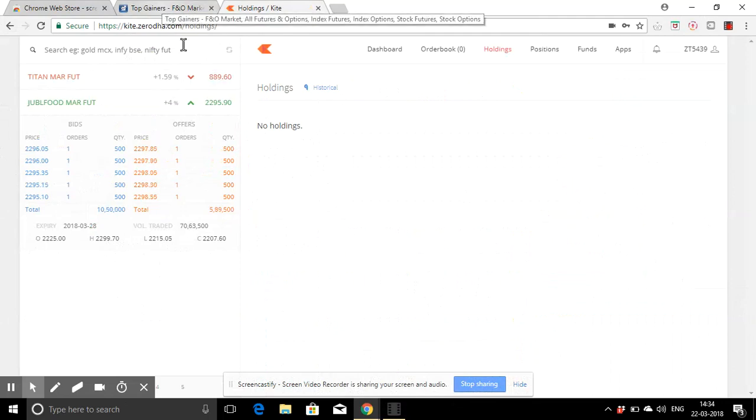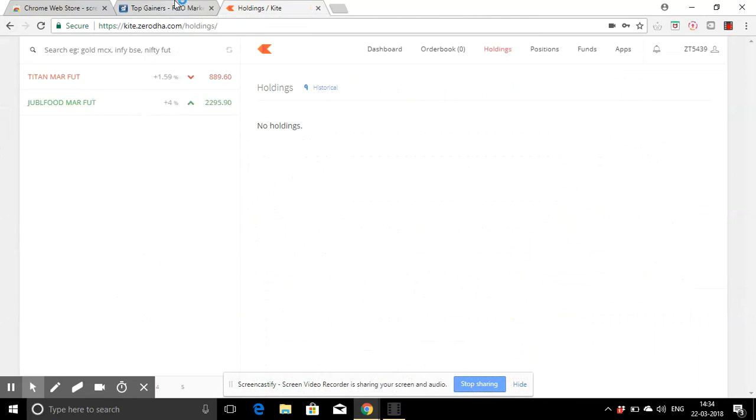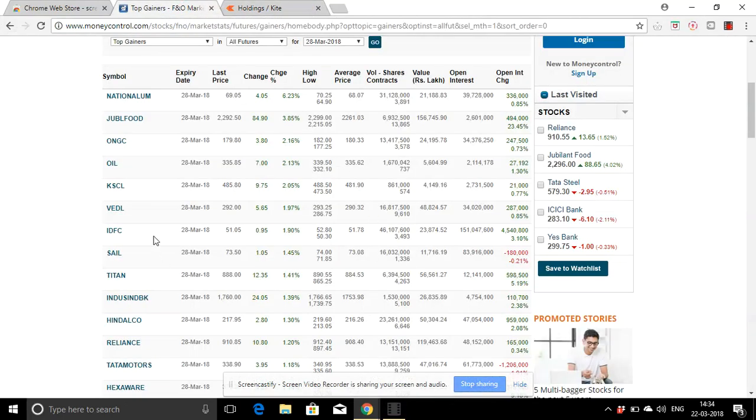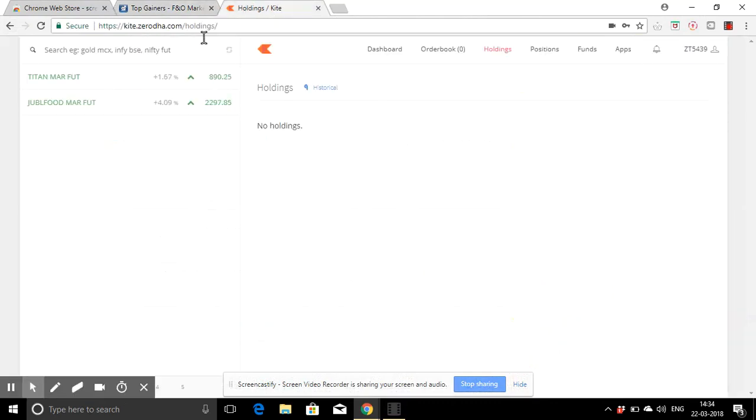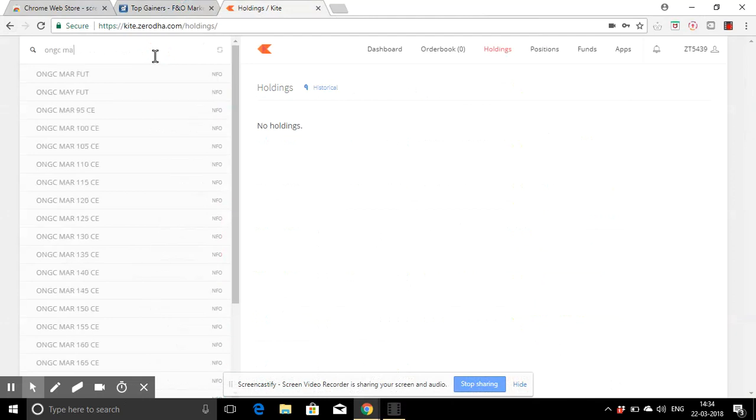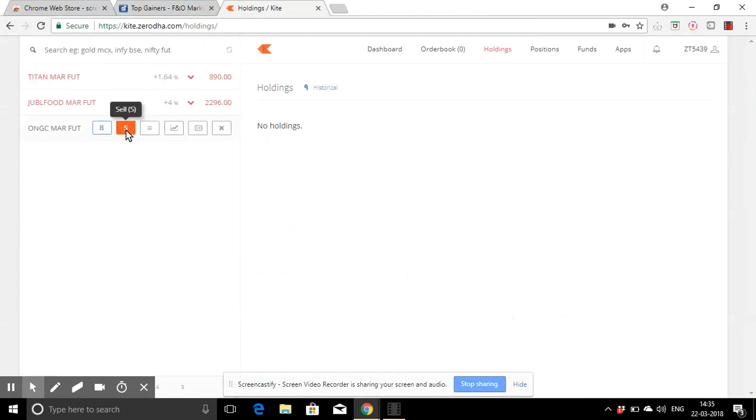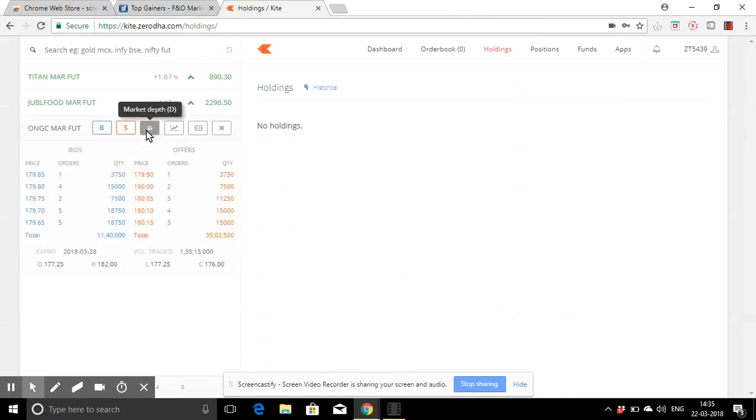And again, if you want me to see for different stocks, once I go here and say ONGC, let's see for ONGC what it is. You see here, the sellers are three times more than the buyers.